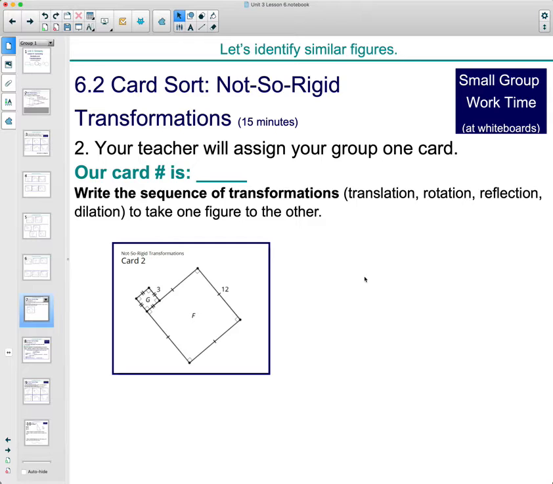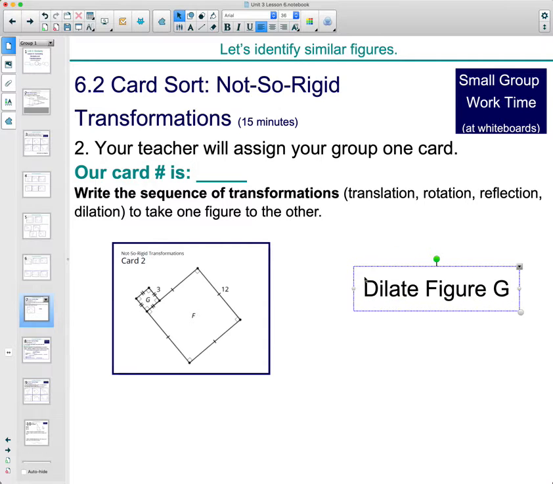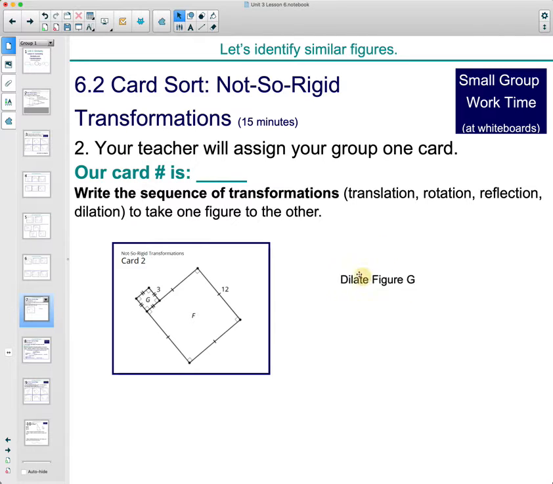Okay, so there are multiple ways that you could do this, depending on how you want to start. You could, for instance, dilate figure G, taking the smaller square onto the larger one.